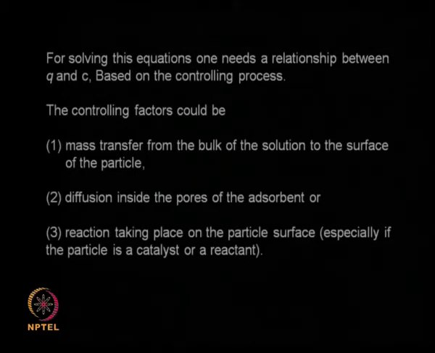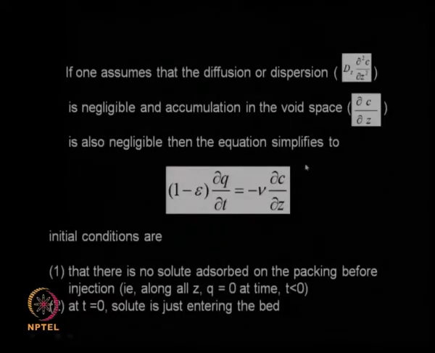So you need to understand that depending upon which is the major controlling factor, you may have different relations between q and c, and if you know which is controlling and you have some relation between q and c, then it will be possible for you to solve the partial differential equation which we talked about in the previous slide, namely this, okay, which is 1 minus epsilon into dq by dt is equal to minus v dc by dz, where v is the velocity, epsilon is the voidage, q is the concentration of the solute which is bound to the stationary phase, c is the concentration of the solute which is present in the mobile phase, t is the time, and z is the axis.